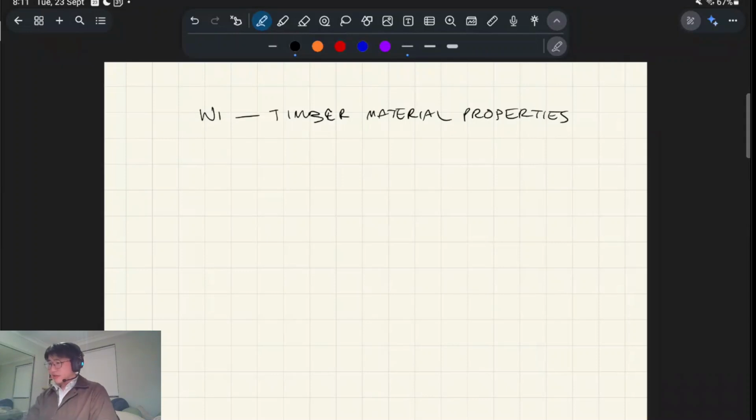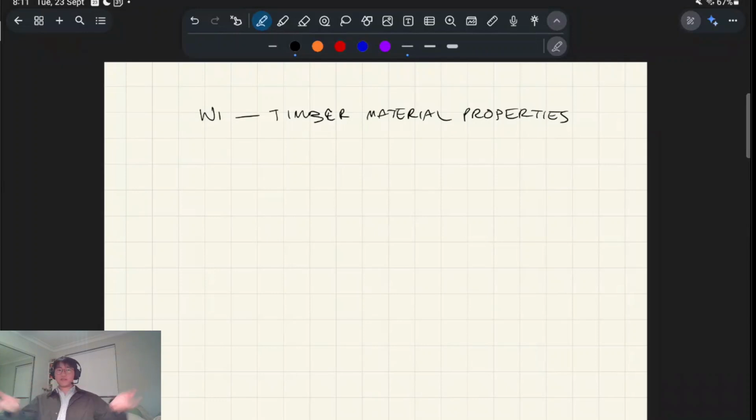So we did timber material properties, how it behaves in different directions, and how moisture and temperature affect timber, which we'll touch on a bit more.